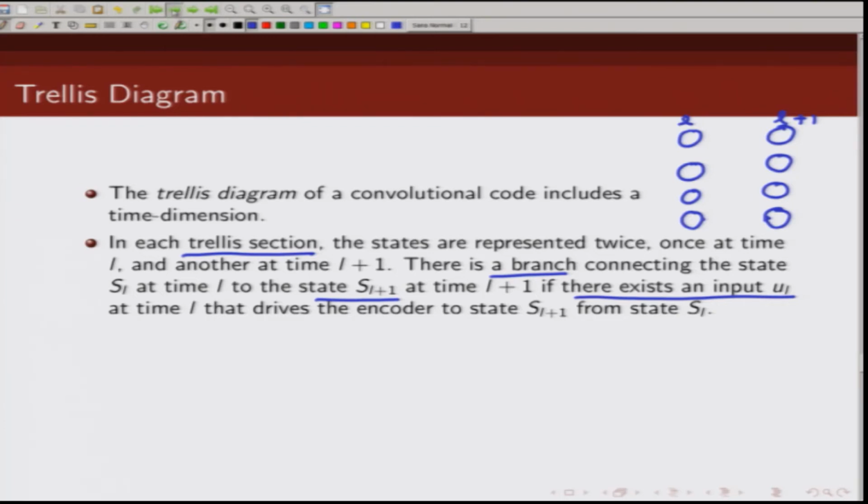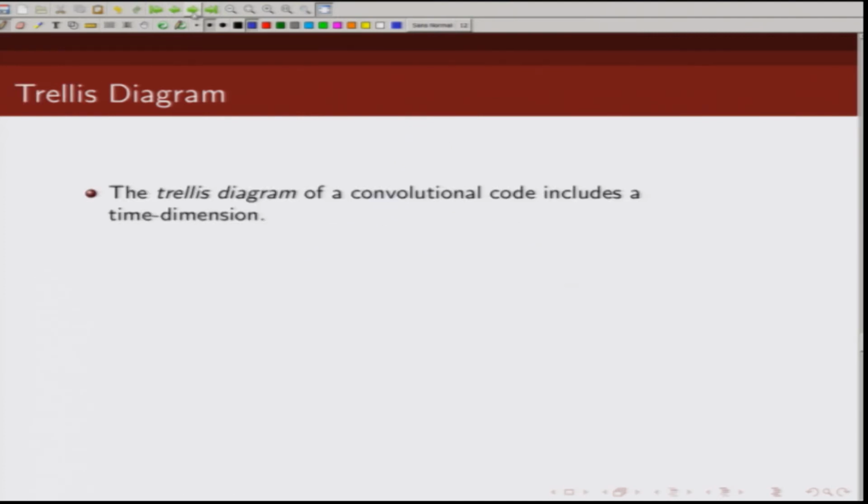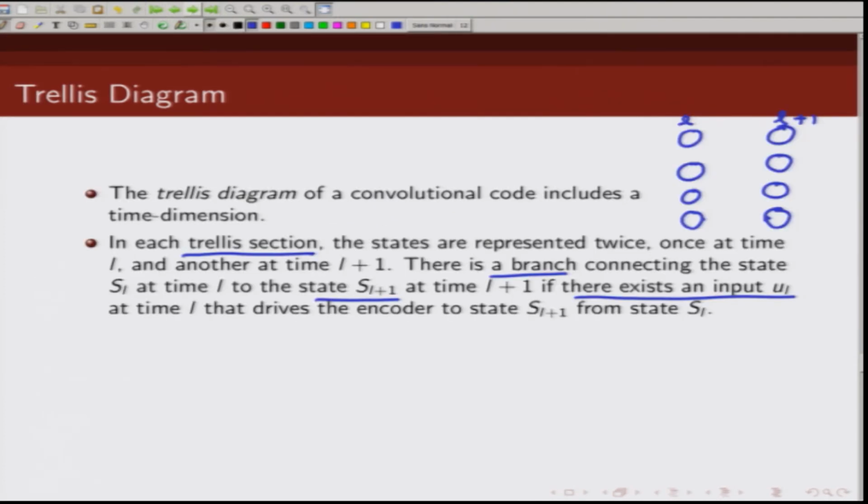For example, let us go back to this. If you are in state 0 and you get a 0, you remain in all 0 state. So, this can be represented here. Let us say this is my all 0 state, 0 0 state, and this is also my 0 0 state. There is a transition from here to here, and what is that input that causes this transition?